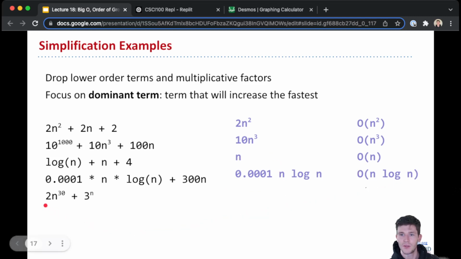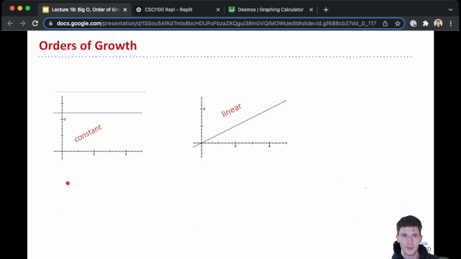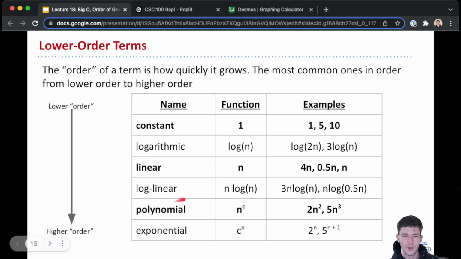Finally, we have 2n to the 30th plus 3 to the n. So which of these is higher order complexity? Well, if we go back on our slides, we were comparing n to the 30th to c to the n, to some 2 to the something, I think. So exponential is the larger higher order of complexity.